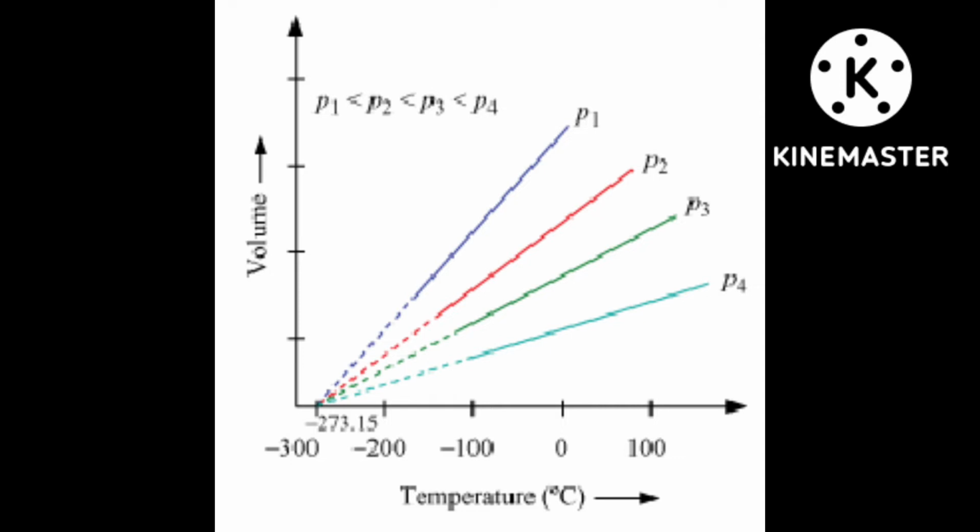Then capital T is equal to 273.15 plus t, and T0, not TC, T0, is equal to 273.15 or simply 273 you can tell.